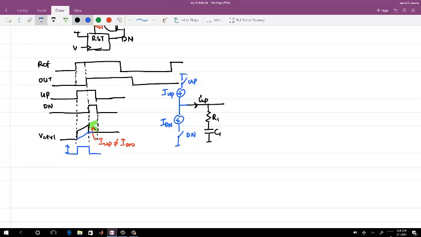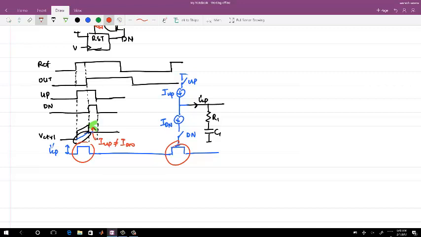So what we are doing is we are modulating V control. Let's call this ICP dash or something. In addition to the V control change due to an ideal integrator, which is this, we now have periodic current injection into the loop filter.